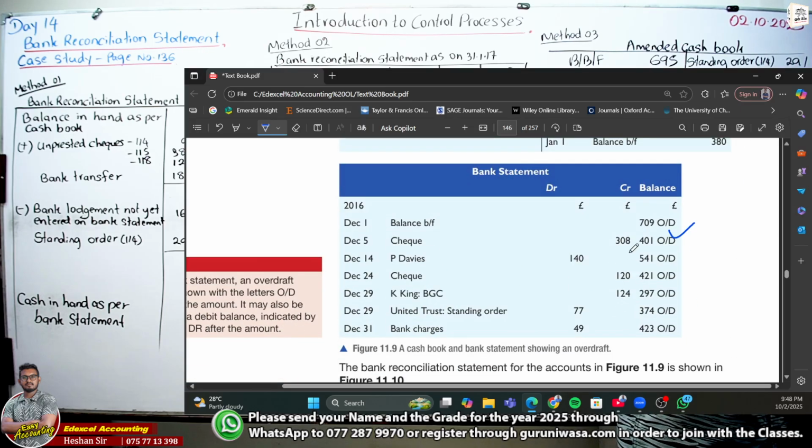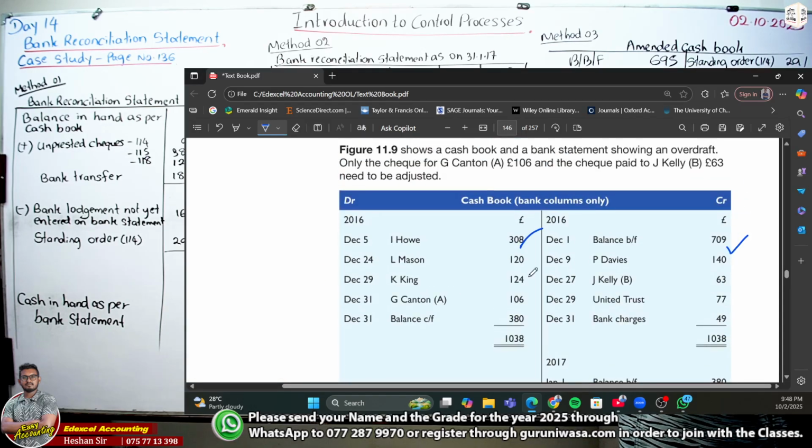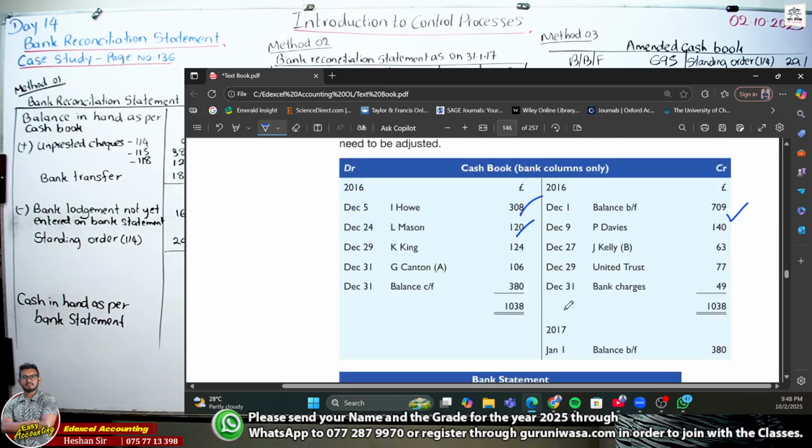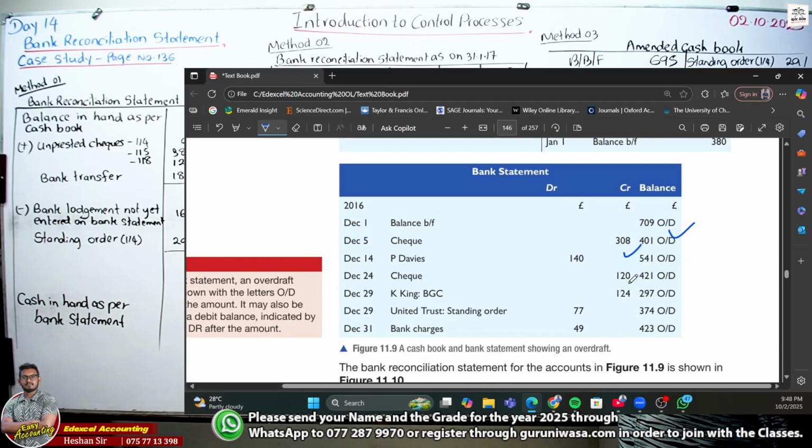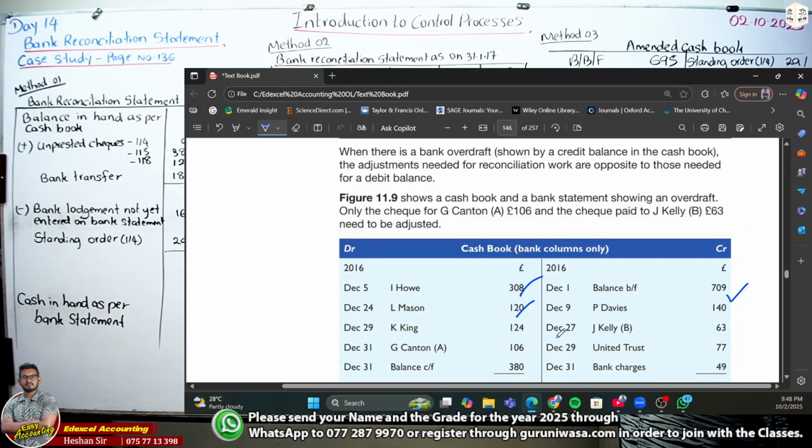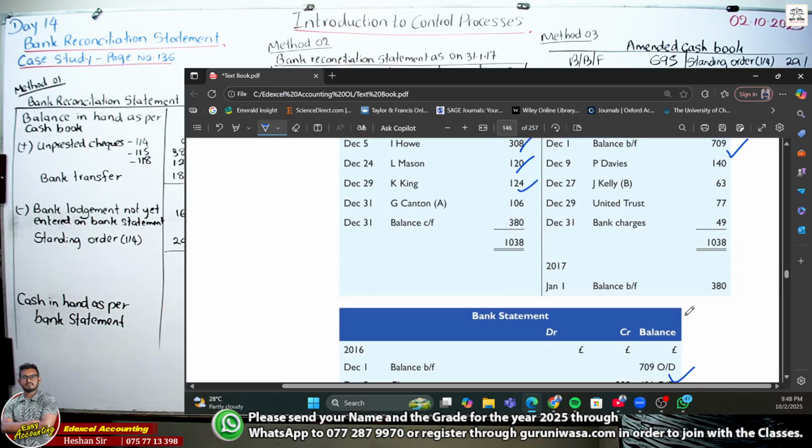300 in here as well. 120 in here, 120 in here as well. 124 in here, in here as well.